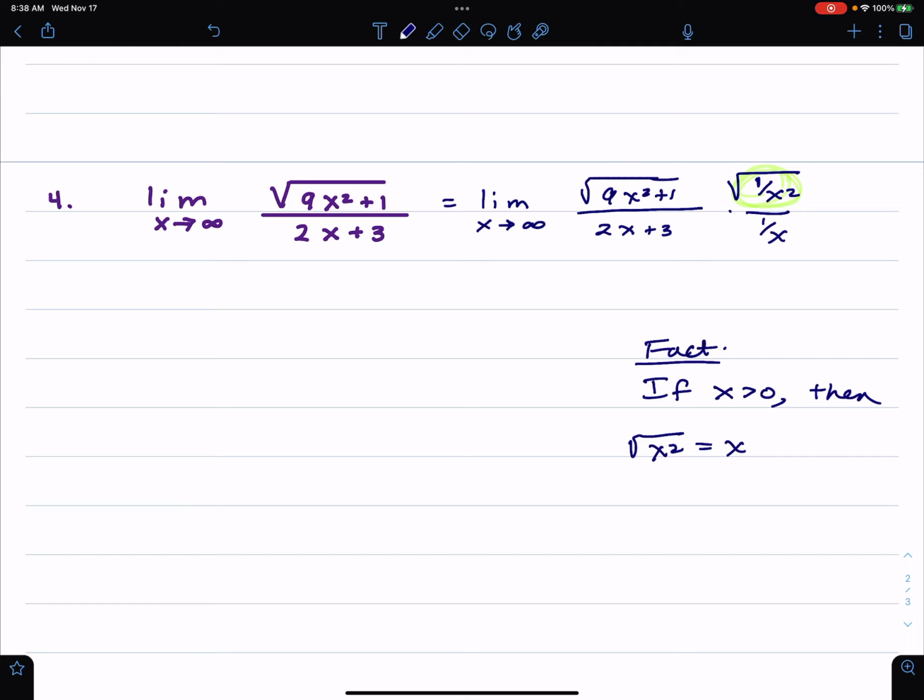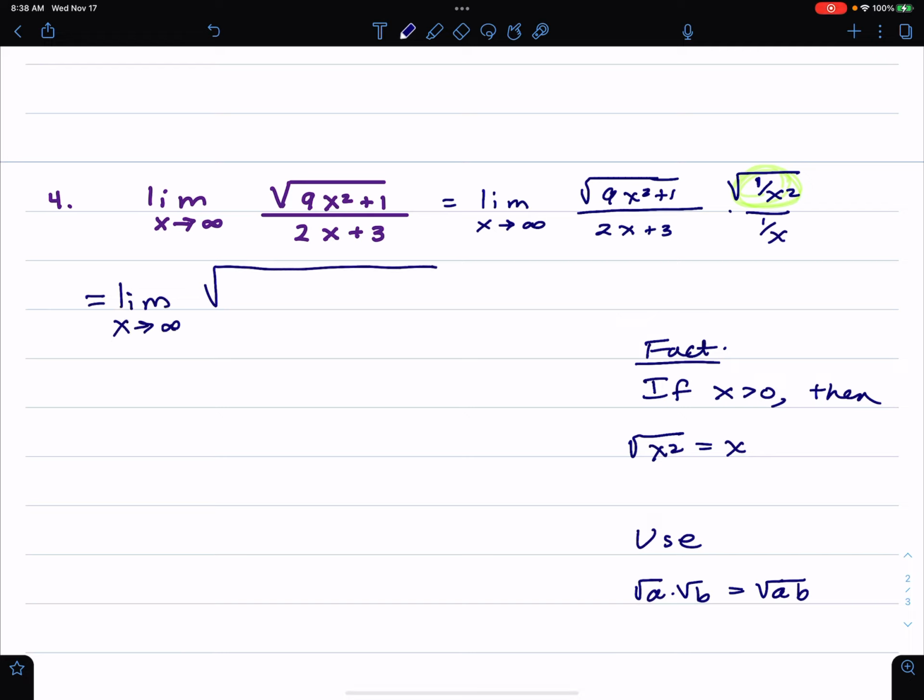So then you need to do that. We're going to use the fact that the square root of a times the square root of b equals the square root of ab. So I have this multiplication here of two radicals, and because they're both under a square root, when I multiply, I can put them all under the same radical.